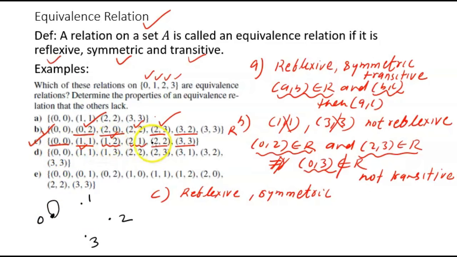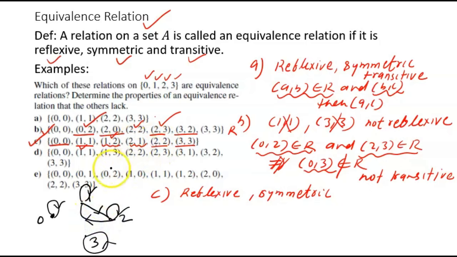We have (1,1), so that loop is present, this loop is present, this loop is present, the (2,2) loop is present, the (3,3) loop is present, right? Other than that we have (1,2), so there is a directed edge from 1 to 2, and since it is symmetric, there is a directed edge from 2 to 1 as well.